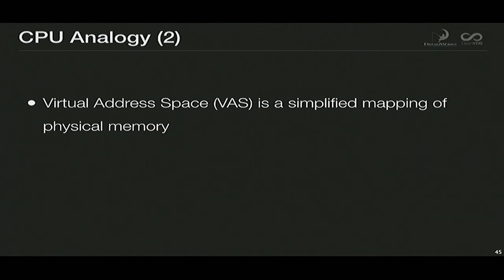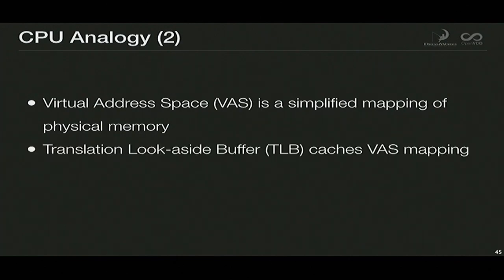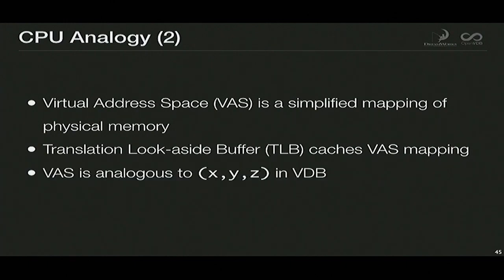And this mapping is actually implemented through a hardware cache. It's called the TLB, sorry, translation look-aside buffer. It was the first hardware cache that people implemented on CPUs, even before data caches, which is kind of interesting. And it accelerates this mapping between virtual space and physical space.